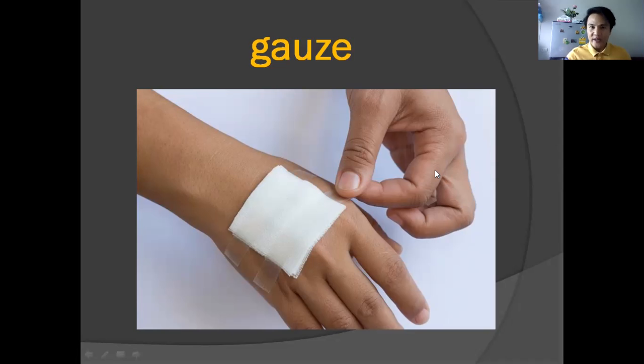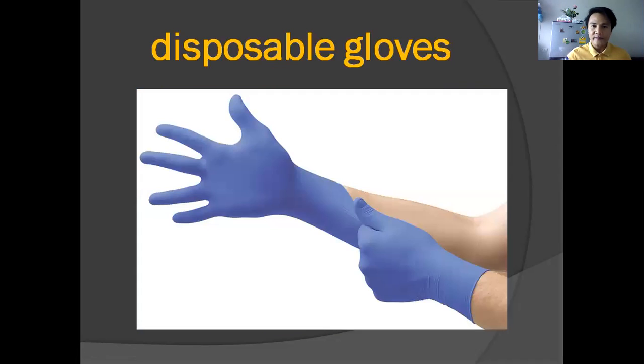Next word is disposable gloves. Disposable is spelled like this. Disposable, and gloves. Disposable gloves.